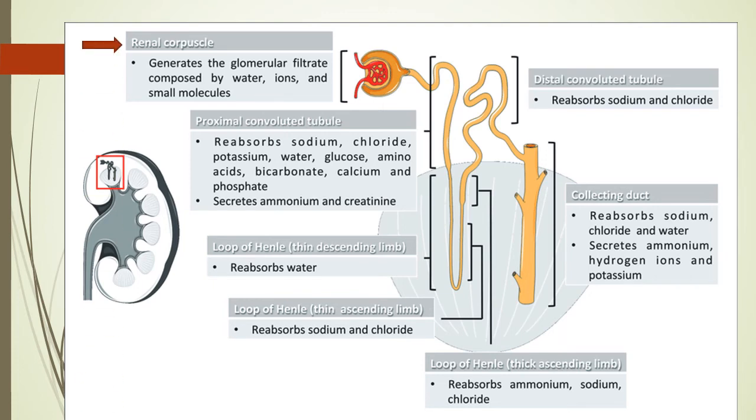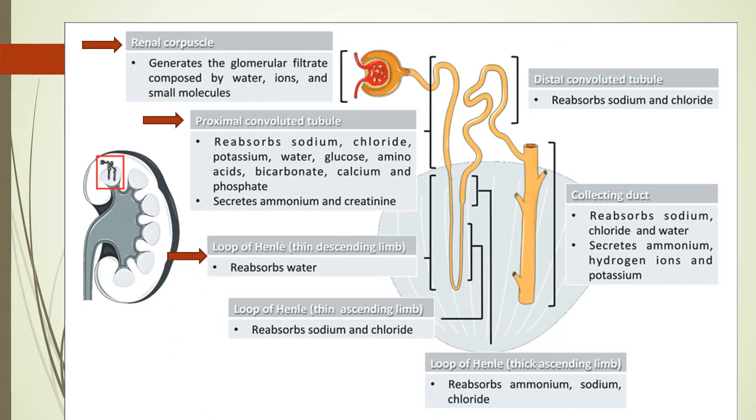So the renal corpuscle generates the glomerular filtrate composed of water, ions, and small molecules. So that's the filtration, ultrafiltration. Without protein, everything comes to the lumen of the tubules. Now, the proximal convoluted tubule reabsorbs sodium chloride, those ions, and secretes whatever is not needed, that will go outside, that is ammonium and creatinine.